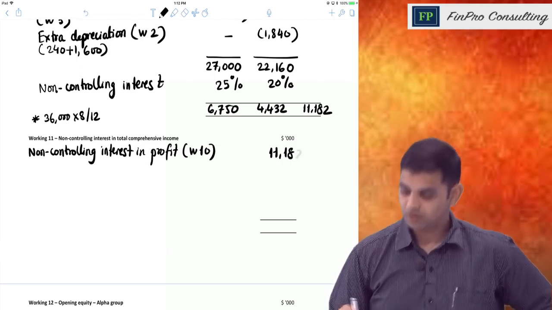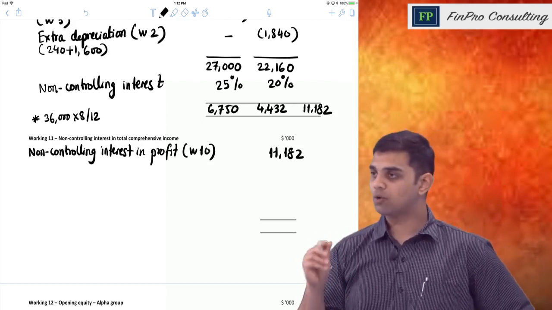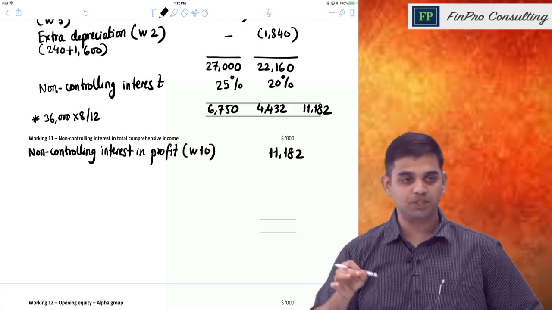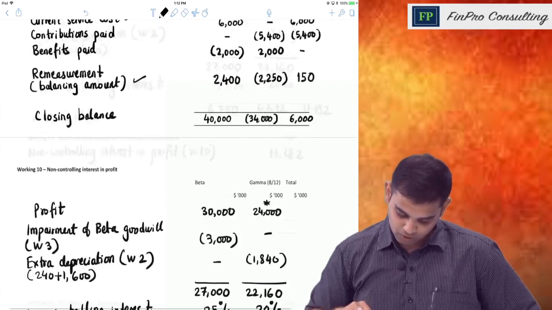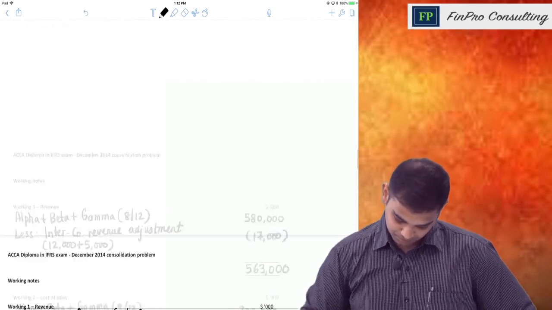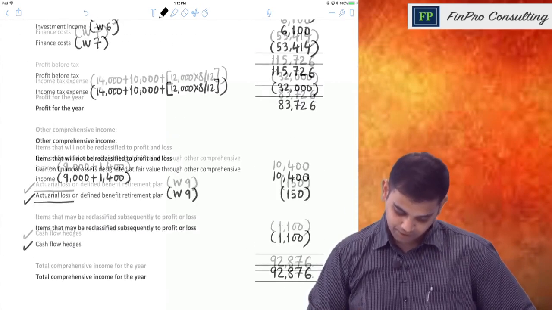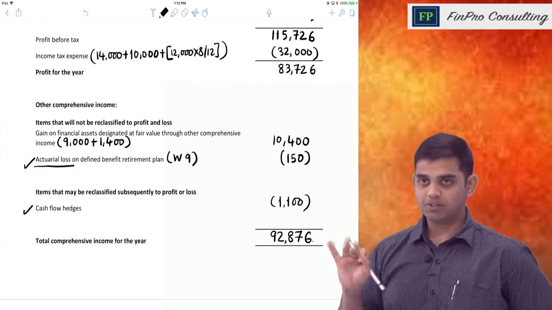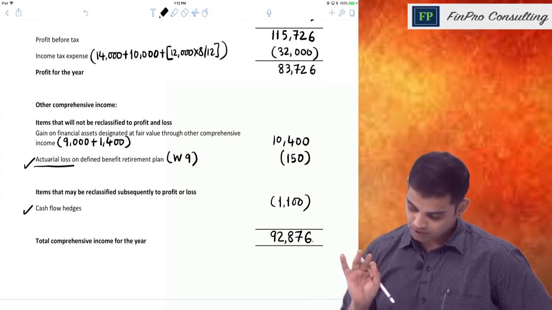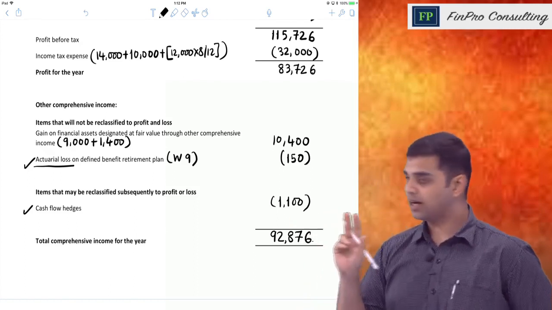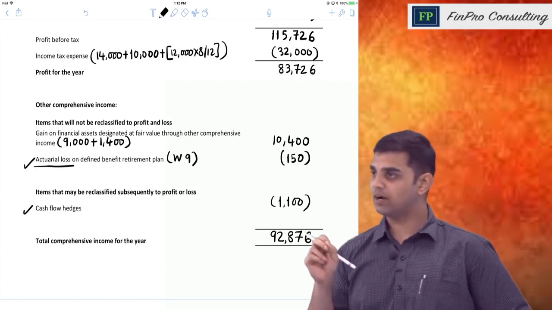11,182. Now we have to look at what are the items in OCI and which items relate to the subsidiary company. Are you getting me? Owners do not have NCI. So let's have a look at OCI items. Right. Now there are only three items. One is gain on financial asset, second is actuarial loss, and third is cash flow hedges. Now in 10,400 there are two amounts, 9,000 which is relating to alpha and 1,400 which is relating to gamma.